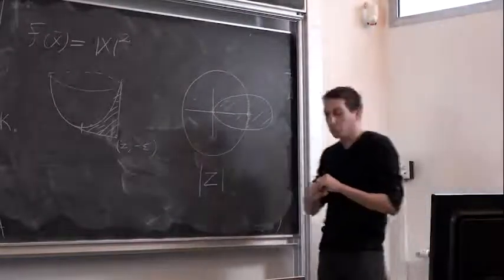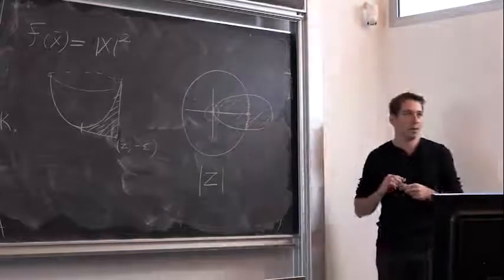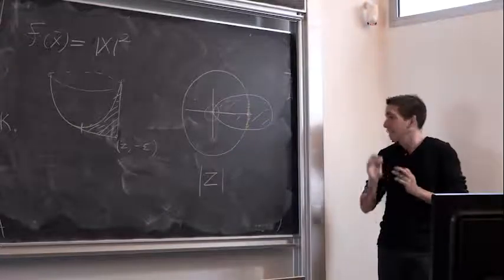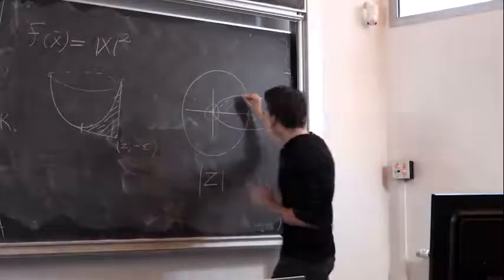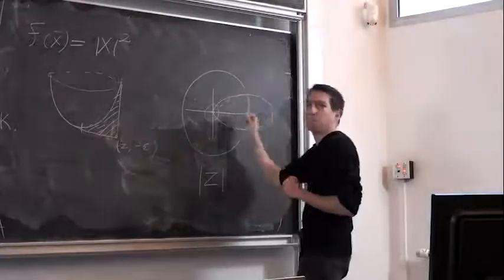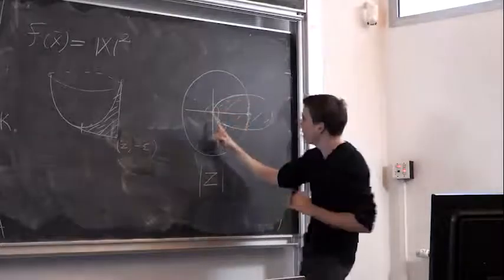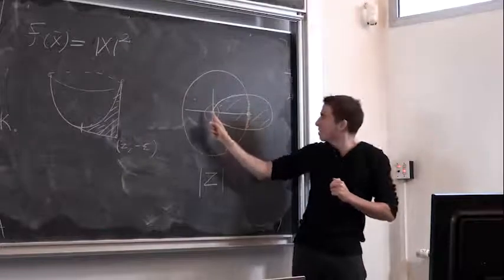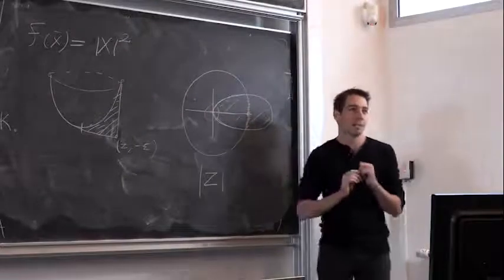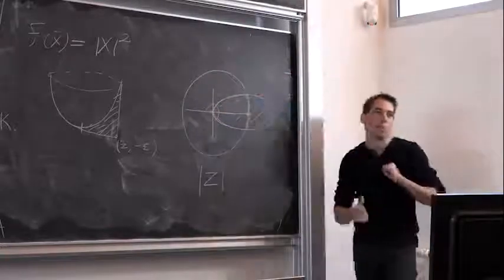If I go close to the origin, this is something one should write down and see, but the set where the two functions differ, when it gets to the origin, it's actually tangent to the origin. So very close to the origin, this actually looks like a half space. Only far from the origin, it looks more like a cone.